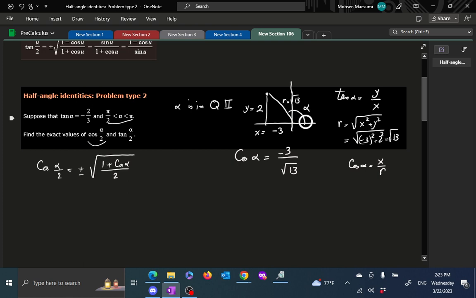Half of that is going to be in the first quadrant. So alpha over 2 is in quadrant 1. So when I want to write cosine of alpha over 2, I know it has to be positive. Positive square root of 1 plus cosine of alpha. Here's my cosine of alpha, minus 3 over radical 13. The whole thing divided by 2.